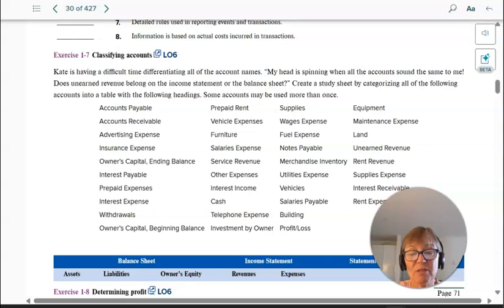Rent revenue is a revenue on our income statement. Supplies expense is an expense on our income statement. Interest receivable, we're due to receive something in the future, so therefore there's value in it, so it makes it an asset, just like accounts receivable. And then rent expense is an expense on our income statement.